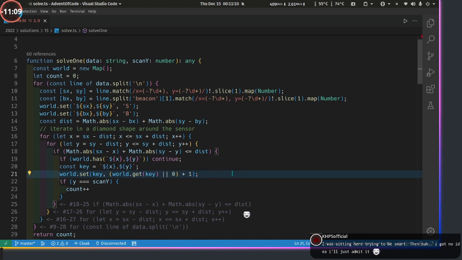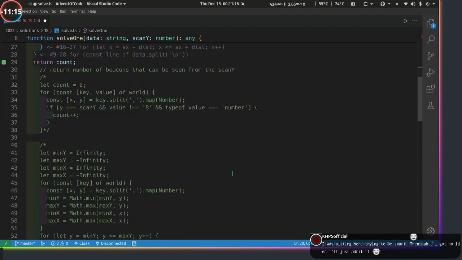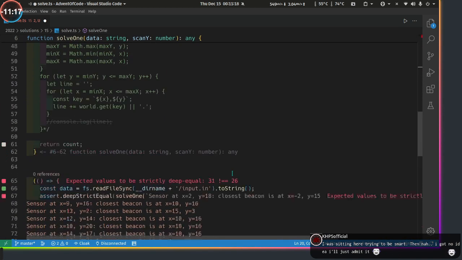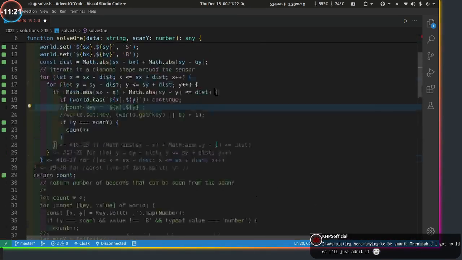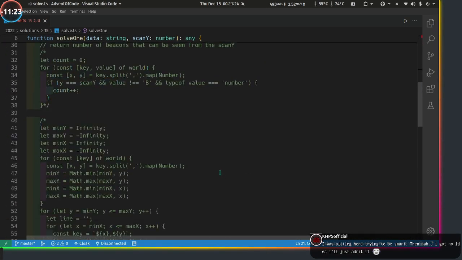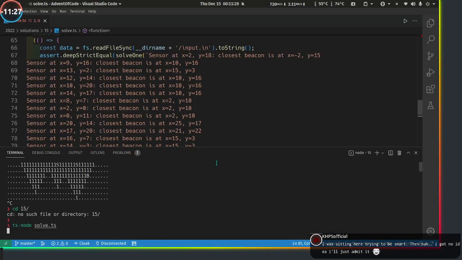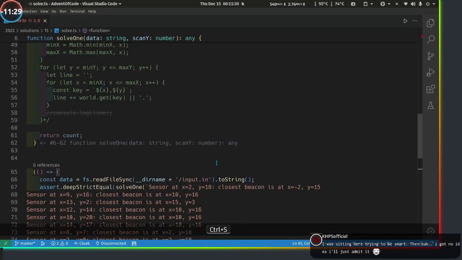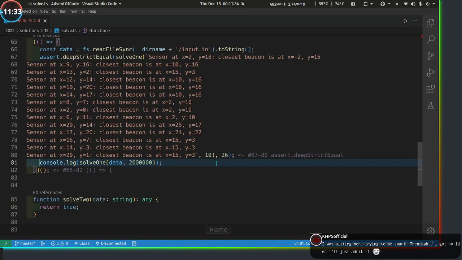Okay, if I don't touch the world, what if I stop doing this? So I don't actually need to do this. 31's not 26. Whoops. Well, that was working a moment ago. Oh no. Okay, turn off the big one, I guess.